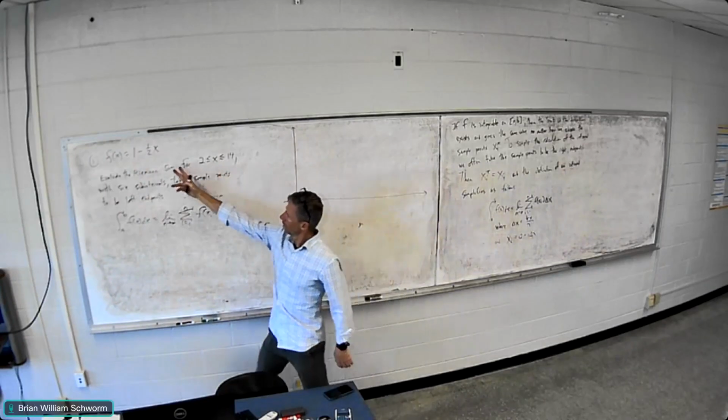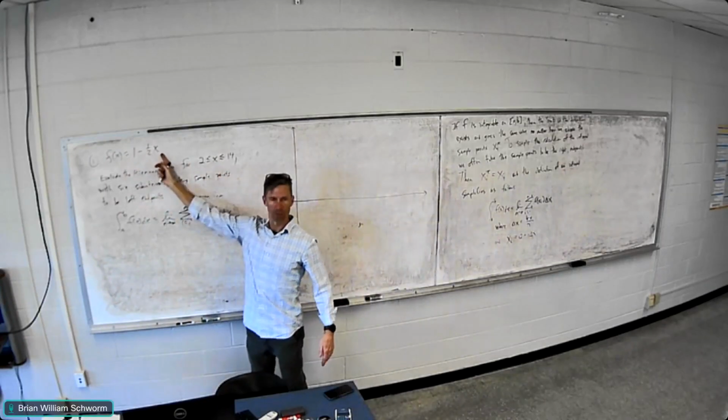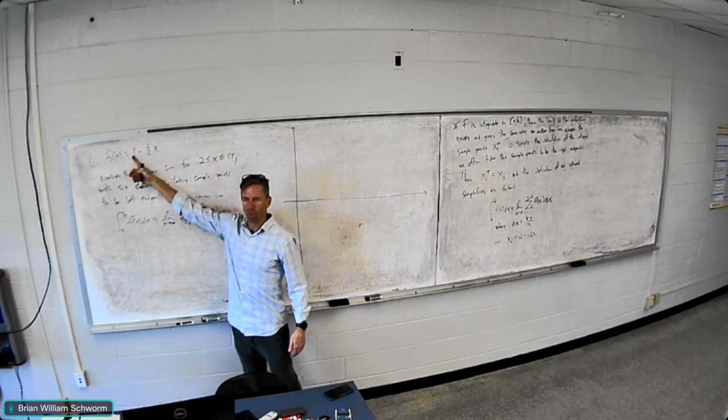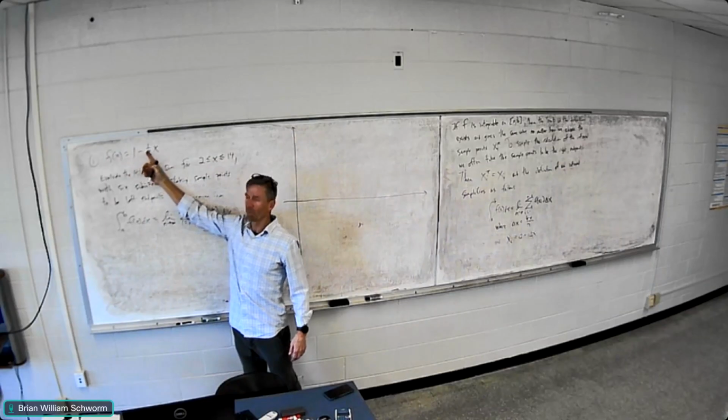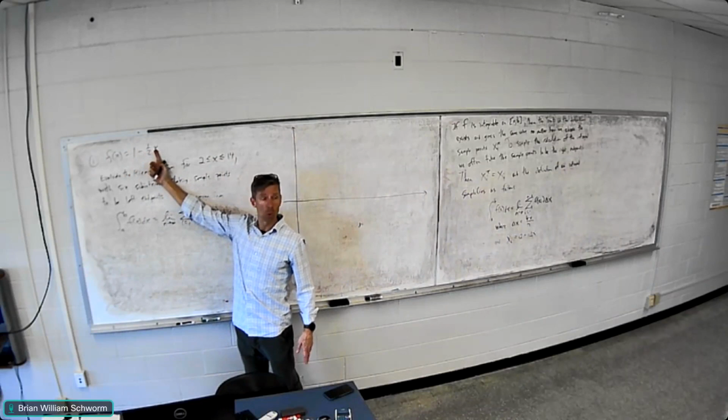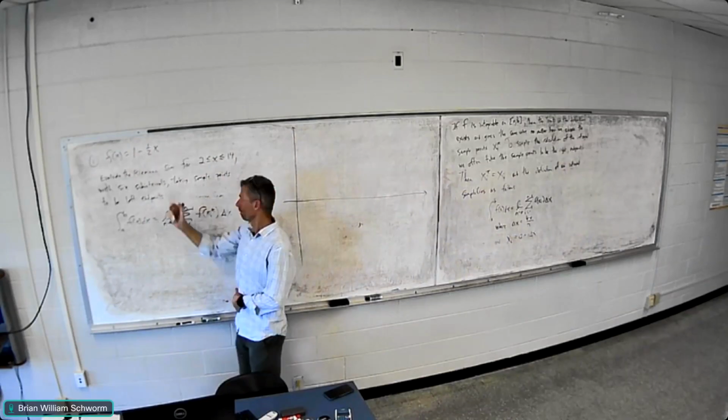All right, so what type of graph is this? It's a line. It has a y-intercept of 1, a slope of -1/2, and an x-intercept of 2, because if x were 2, I'd have 1/2 times 2, which is 1, and 1 minus 1 gives me 0.